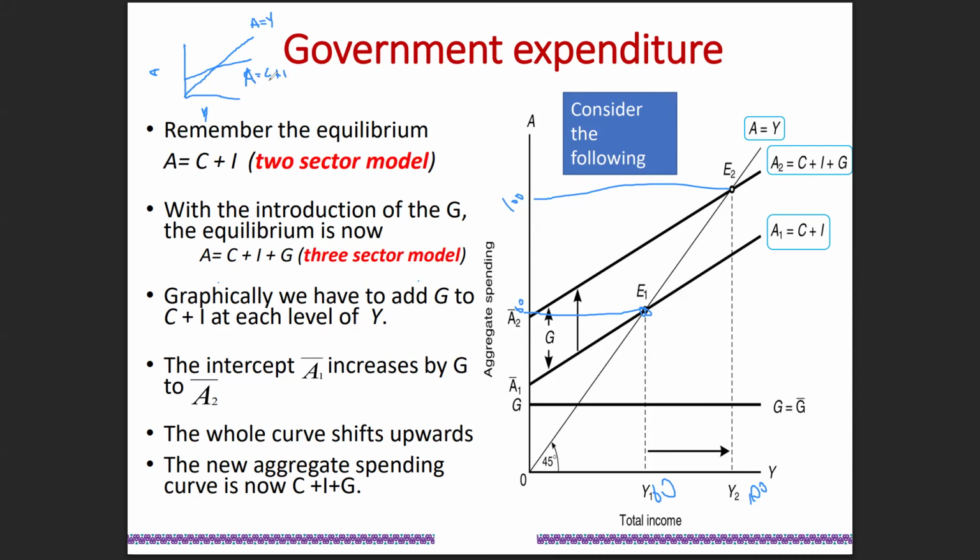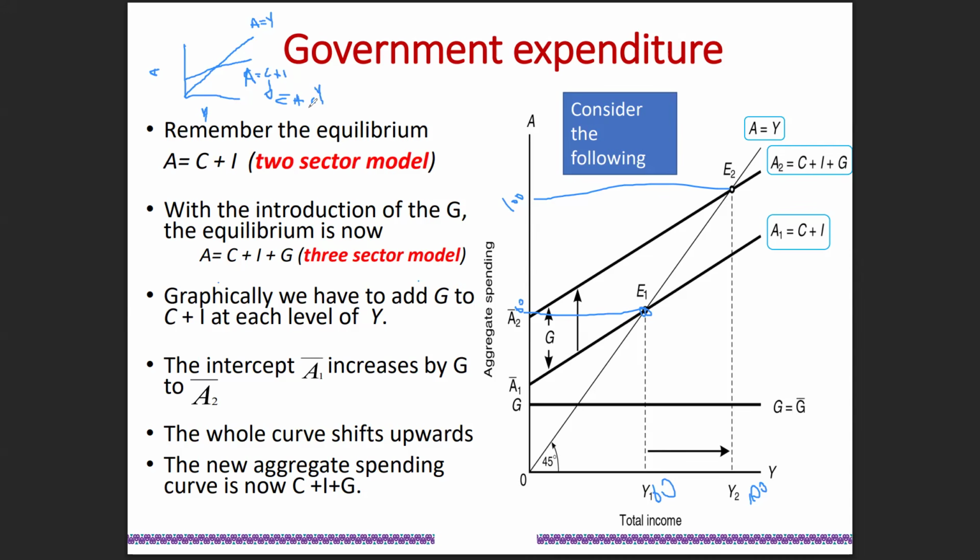And with your C, you know that C is for consumption, and there are two components of consumption. We have this consumption here, which is C bar, or C0, autonomous consumption, plus small c times capital Y, which is induced consumption.